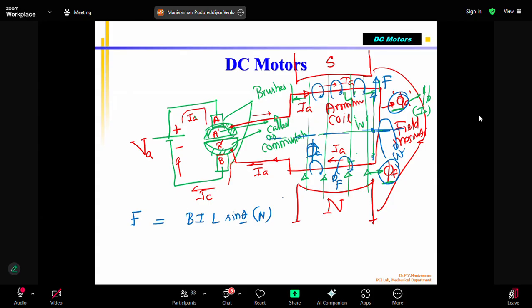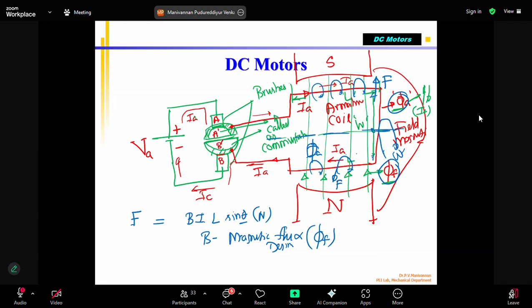Now in this, B is the magnetic flux density. It is nothing but phi F. Here B represents the magnetic flux of the field magnet. B is a permanent magnet, and phi A is going to vary.